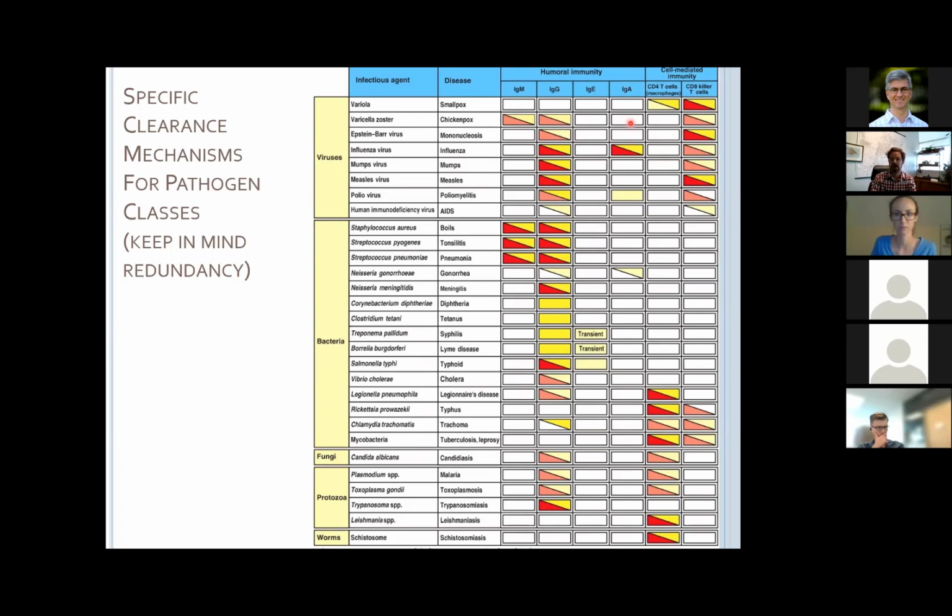It's not to say that it's not critical, but going back to the questions about redundancy, a problem with interpreting knockout data is that even if you knock out IgA, which is doable, the other antibody responses, IgG, IgE, can take their place. While it might not be ideal, it'll obscure the fact that IgA was important, and so your experiment will give you a confusing result.